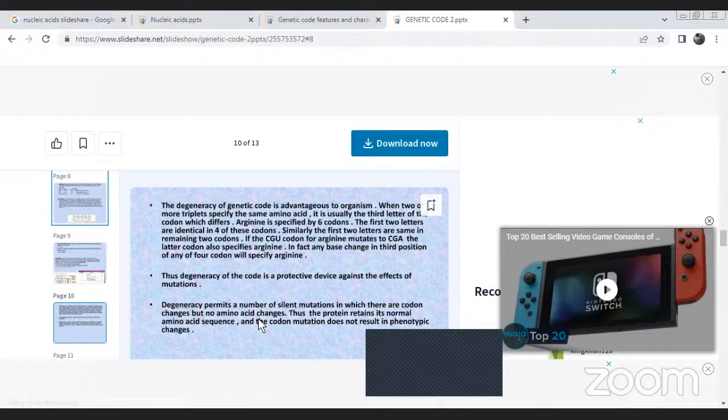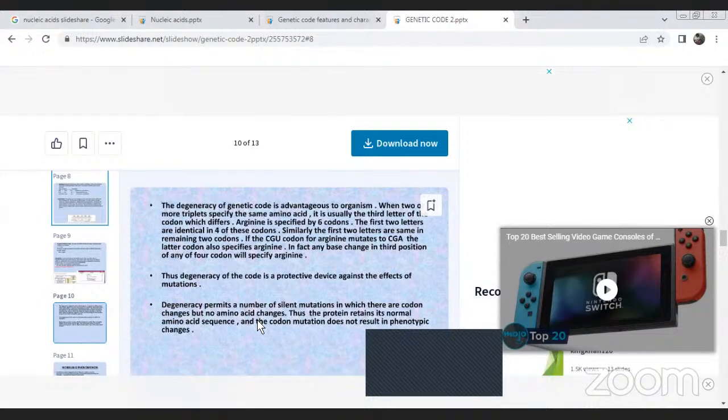Similarly, the first two letters are the same in the remaining two. If the CGU codon for arginine mutates to CGA, the latter codon also specifies arginine. In fact, any base change in the third position of any of the four codons will still specify arginine. Thus, degeneracy of the code is a protective device against the effects of mutations.